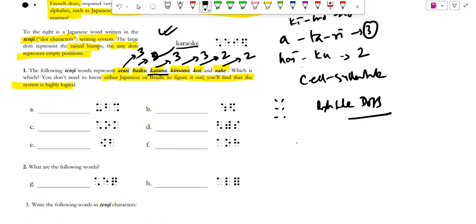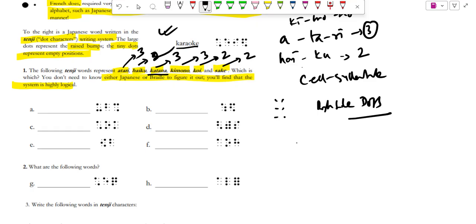Maybe in one diagram all cells have the same vowel pattern. That could indicate all vowels are the same, that is a, for katana. Haiku is ha-i-ku, so the right side dot pattern changes in each cell.